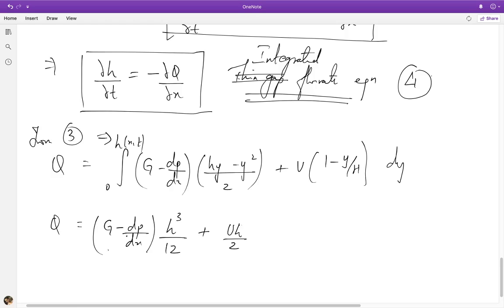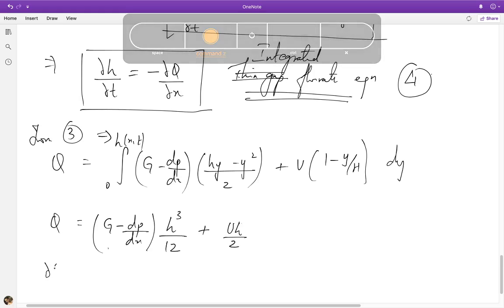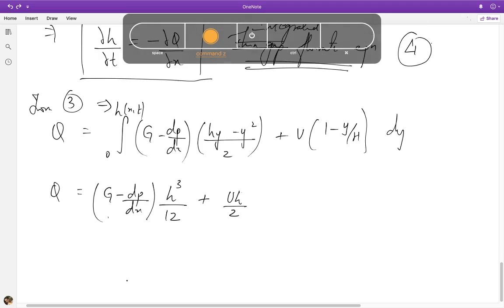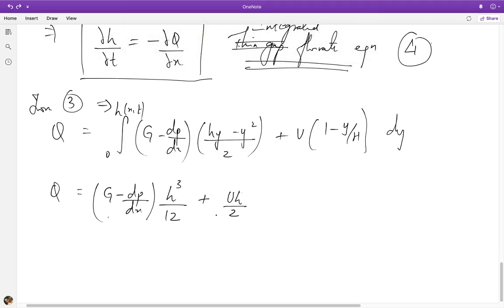All right, so this is now my equation for pressure. From here, of course, I can calculate ∂q/∂x. So the point is I can calculate the gradient of pressure directly and substitute it into 4, which is just the integrated flow rate conservation equation, integrated mass conservation equation.